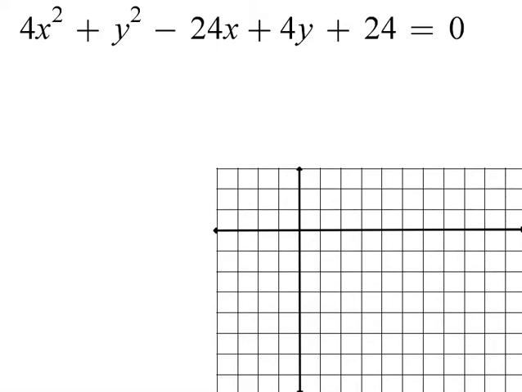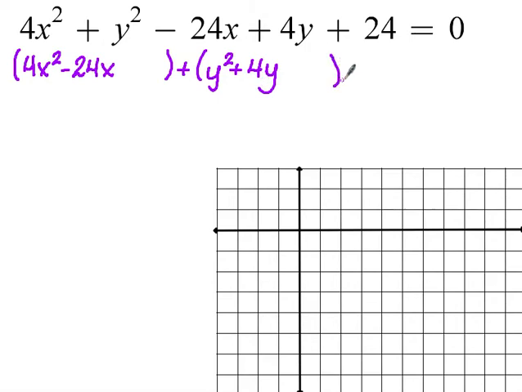Very first step. You need to isolate the x's and the y's. So 4x squared minus 24x plus y squared plus 4y, and that's going to equal negative 24.